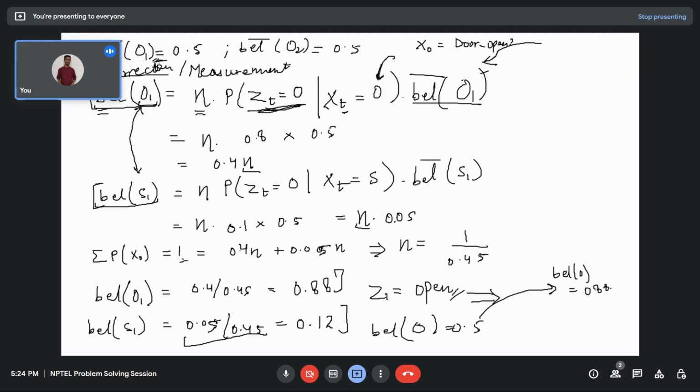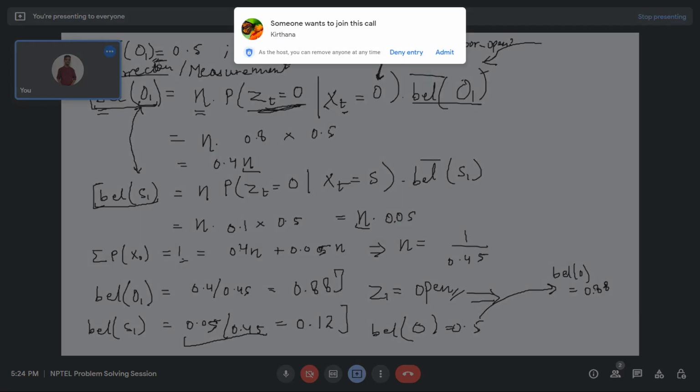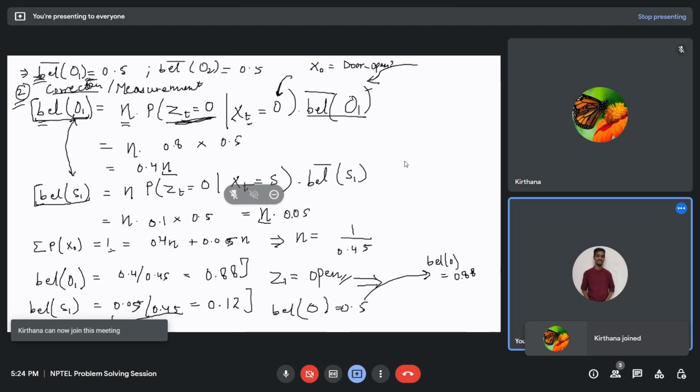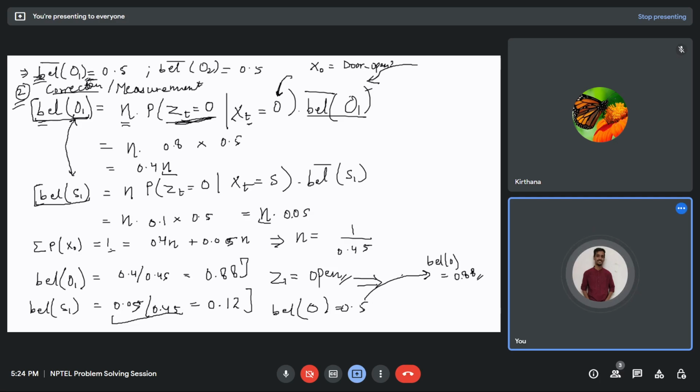You are more confident that yes, the door indeed is open, because your belief that the door is shut has dropped from 0.5 to 0.12.